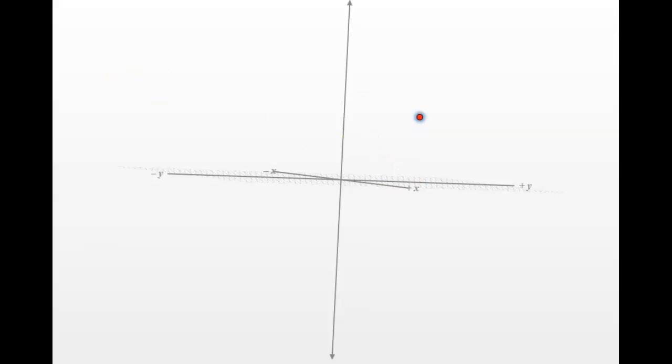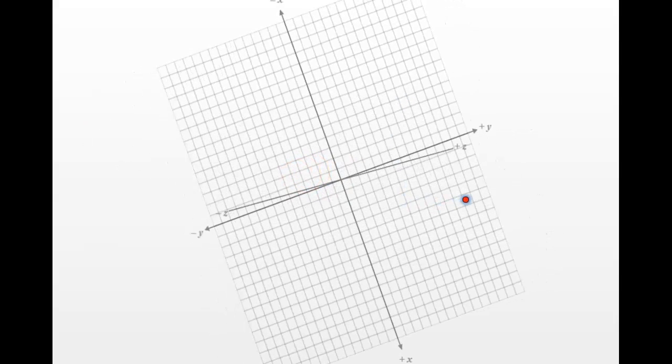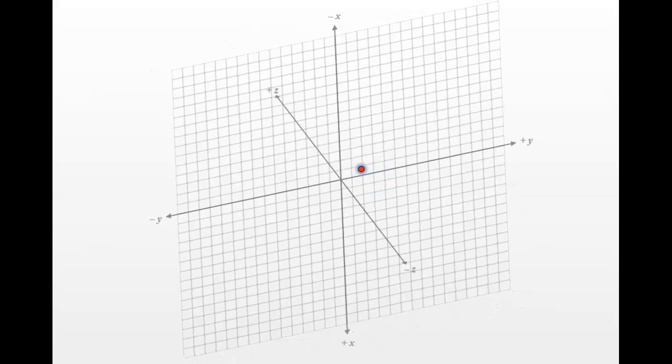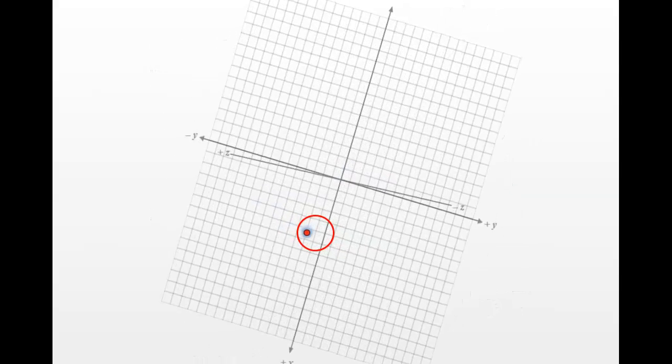So again it flies up. 6 unit, 7 unit, 8 unit, 9 unit. So what is the x coordinate value? We can see the x coordinate value here.